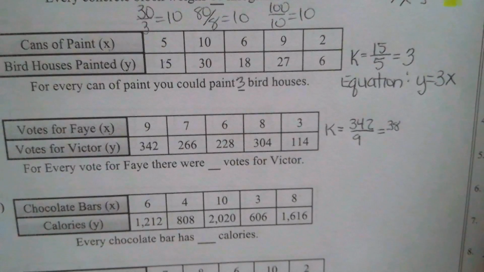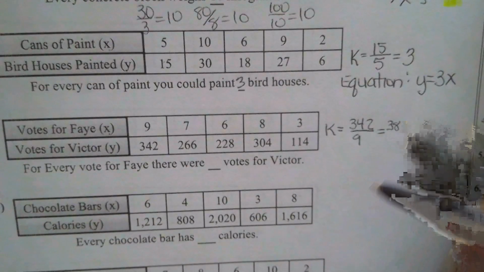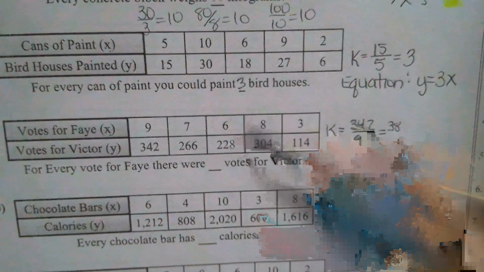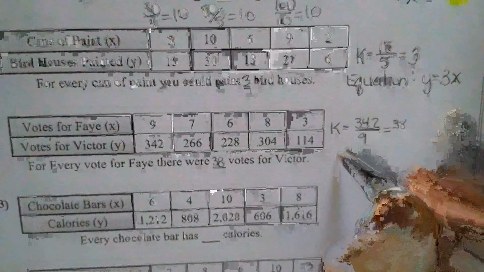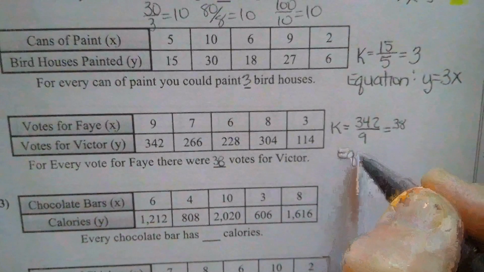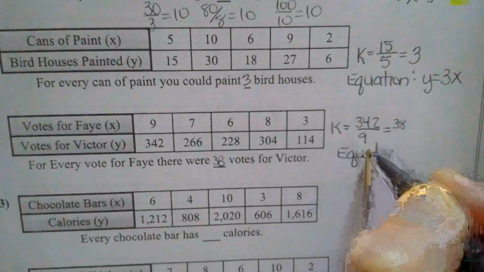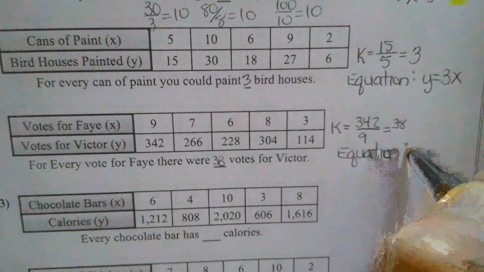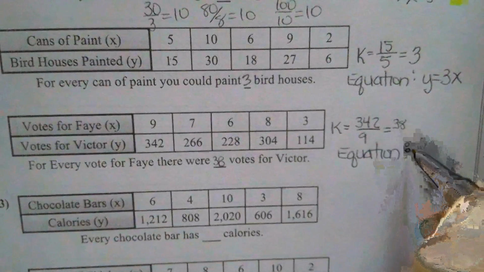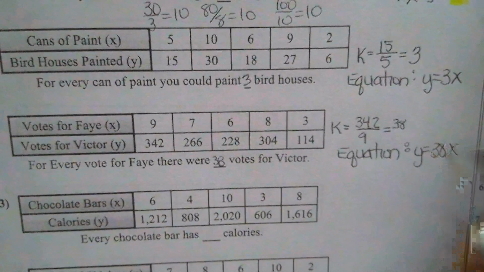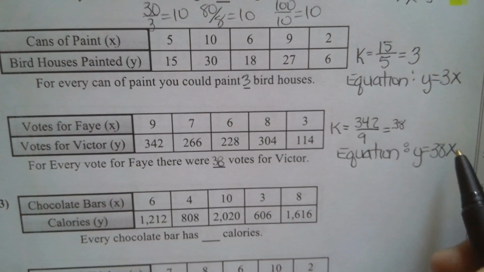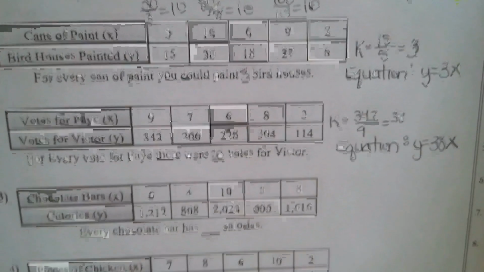And that would be 38 votes for Victor per vote for Faye. So 38. And this is my K. And so to write my equation, it would be y equals 38x. Constant of proportionality equation.